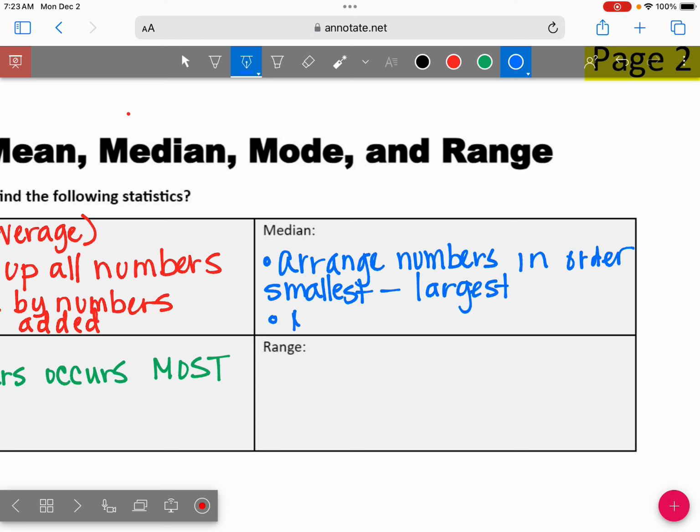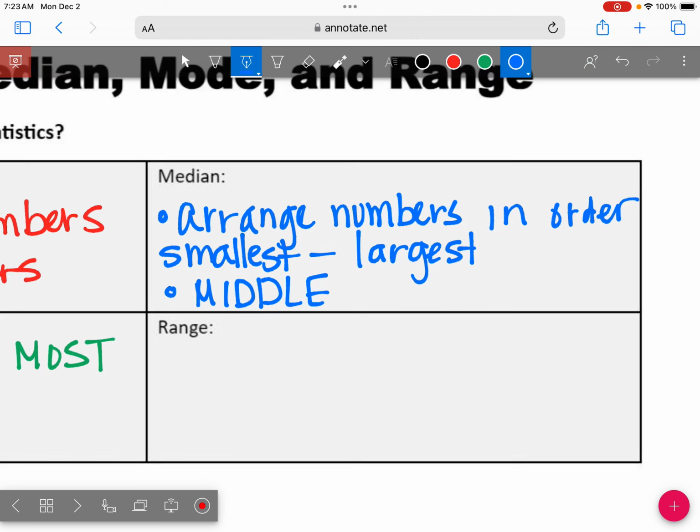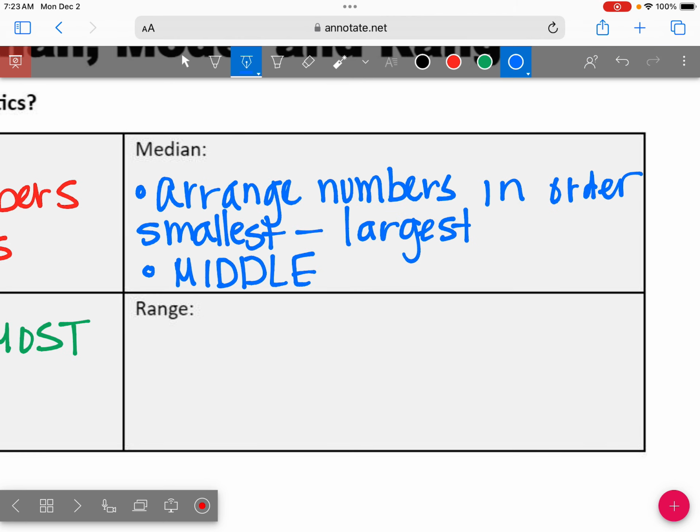And the median is the middle number. That's the middle. But it has to be arranged in order first. So arrange the numbers in order from the smallest to the largest and pick the middle.